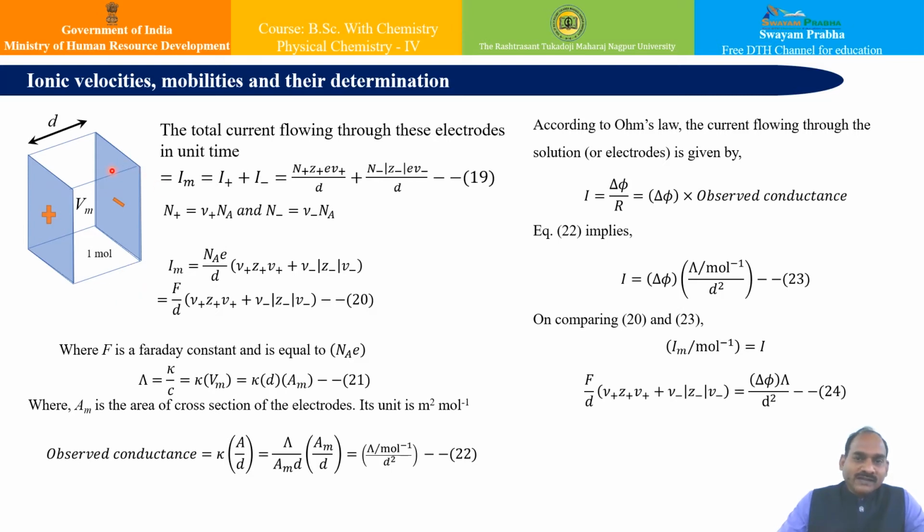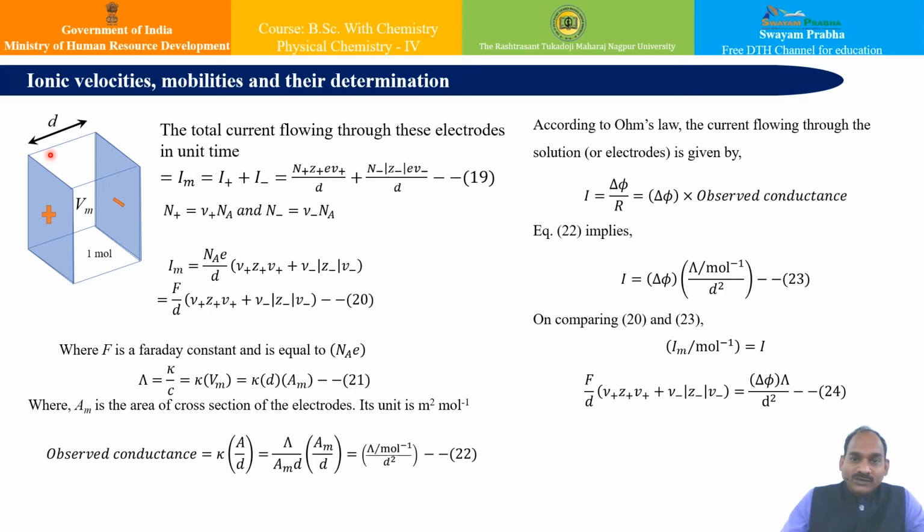Now let us assume that it contains 1 mole of the substance and it is placed between two parallel plates or parallel electrodes, one having positive charge and the other having negative charge. And let d be the distance between these two parallel plates. I also assume that these electrodes are large enough to include between them the whole of the solution. Complete solution is included in between them.